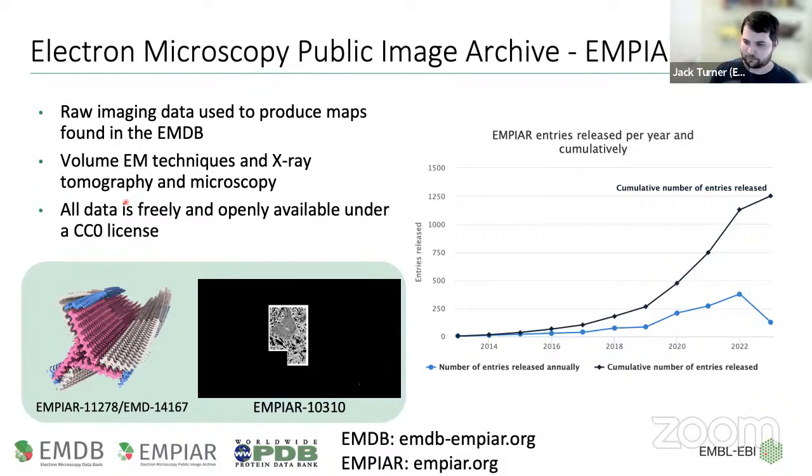So the idea being, if you've got a really nice tomogram that you're showing in your paper, you deposit that to the EMDB. But if you've got a data set of 1 to 200 tomograms, let's say, you can deposit the 1 to 200 tomograms to EMPIAR. And it's a lot easier to upload that number of tomograms to EMPIAR in one go than it is to the EMDB. So we recommend doing it like this.